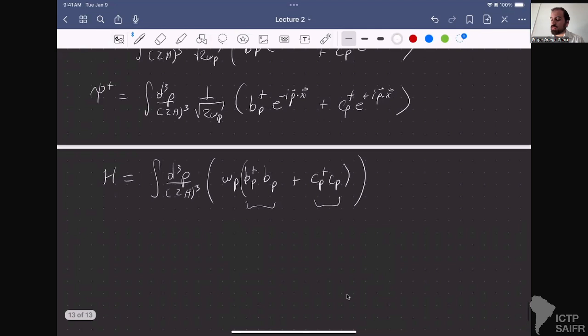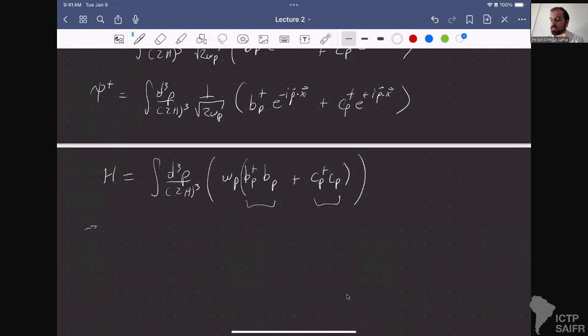There's also a symmetry in this case, so another new symmetry, where you can always change psi to e^(i alpha) psi. So this is a continuous symmetry. So Noether's theorem tells us that there's a charge.